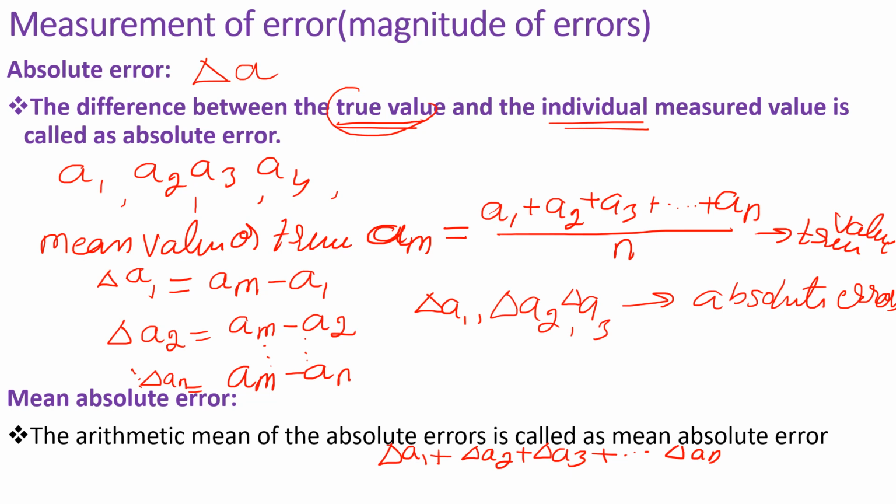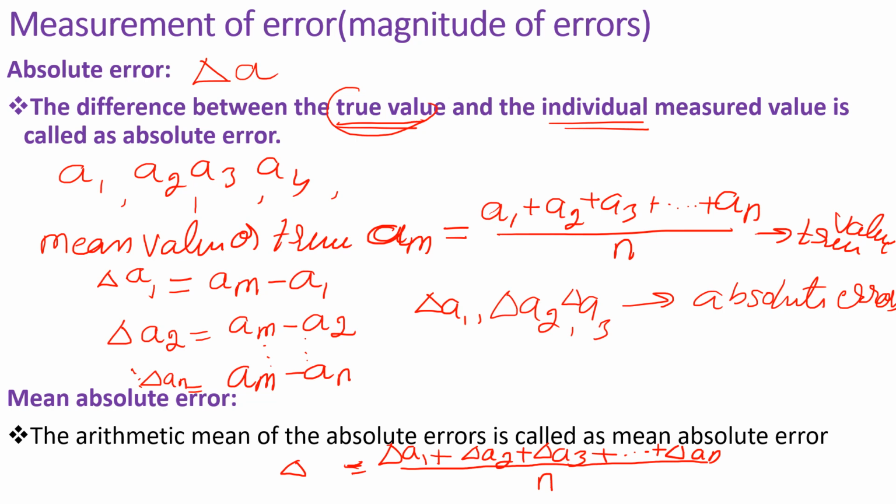Delta AN, you have to add all of them, then take the mean of those absolute errors. So how many values are there? N number of values. When I take delta A1 plus delta A2 plus delta A3 up to delta AN divided by N, what I will get is the mean value of all these delta A's.